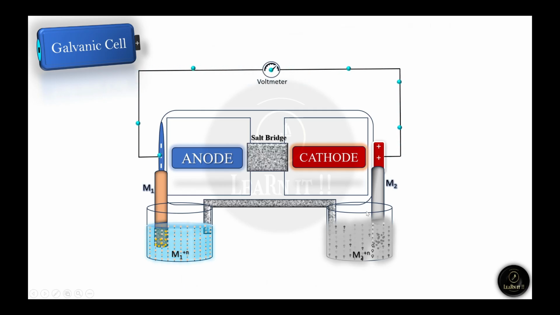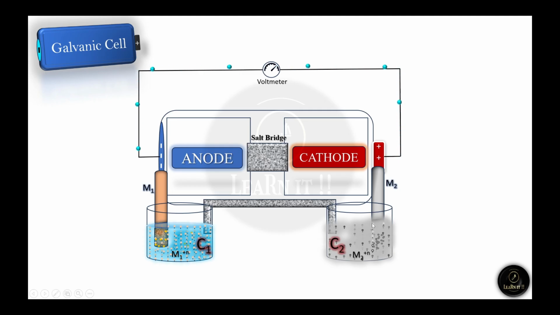As the reaction proceeds, there will be oxidation at the anode and reduction at the cathode. At the anode the concentration increases and there will be a decrease in electrode material. At the cathode the deposition of electrolyte material takes place, so there will be an increase in the material of the electrode.